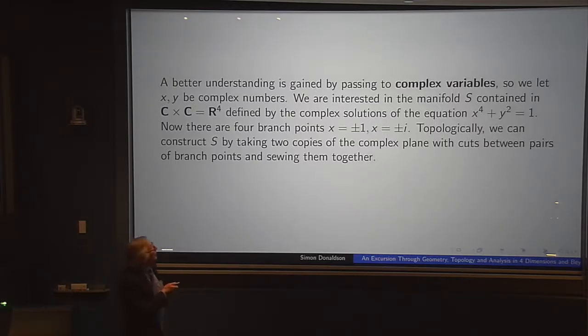So we have a solution set, S, which will be a manifold, in fact, which is contained in the set of pairs of complex numbers x, y, which, if you split the complex numbers up into real and imaginary parts, we can think of as 4 copies of R, or R4. So inside this R4, we have this, in fact, two-dimensional manifold defined by the solutions of this equation.